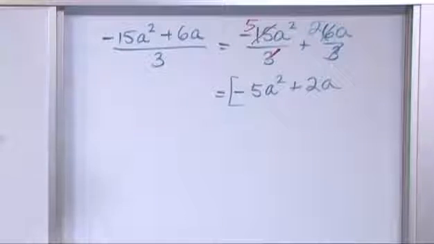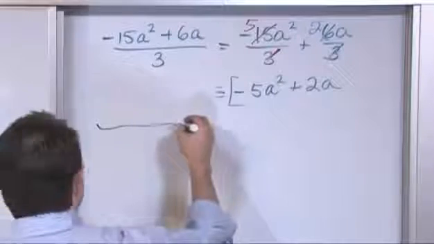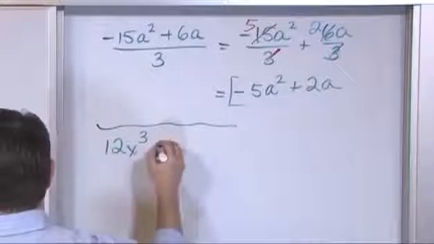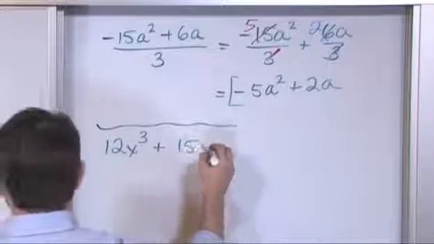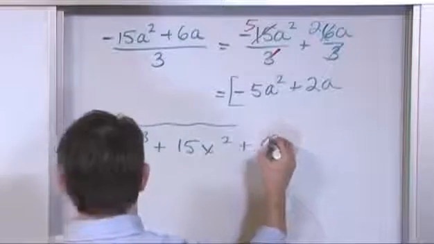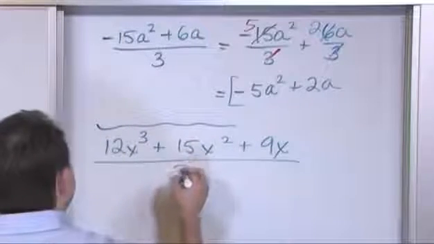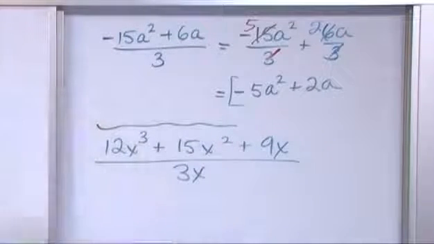Now what if we have something a little bit bigger? Let's say I have 12x cubed plus 15x squared plus 9x, all divided by 3x. So you see the same exact thing applies. Here I have 3 terms on the top of my fraction, but it really doesn't change anything.